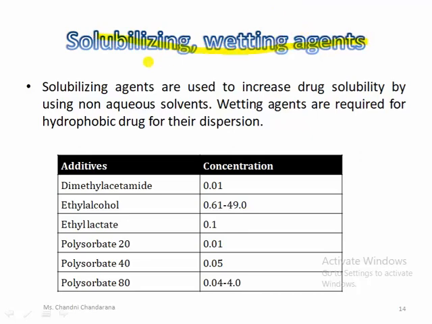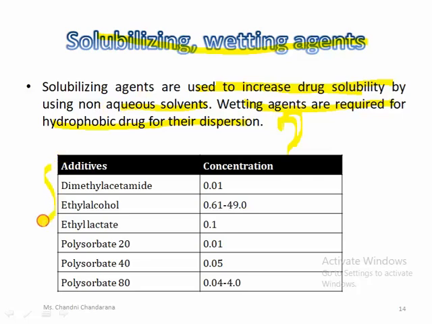What is solubilizing? Solubilizing agents are used to increase the drug solubility by using non-aqueous solvents. And what is a wetting agent? Wetting agents are required for hydrophobic drugs for their dispersion, meaning a wetting agent reduces the contact angle between the surface of the particle and the wetting liquid.